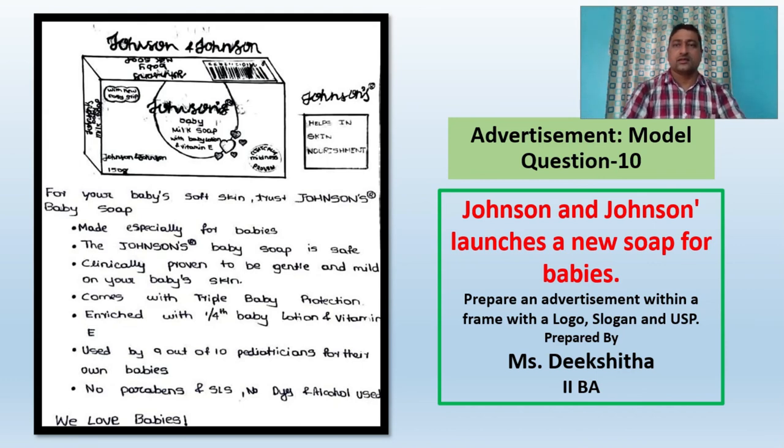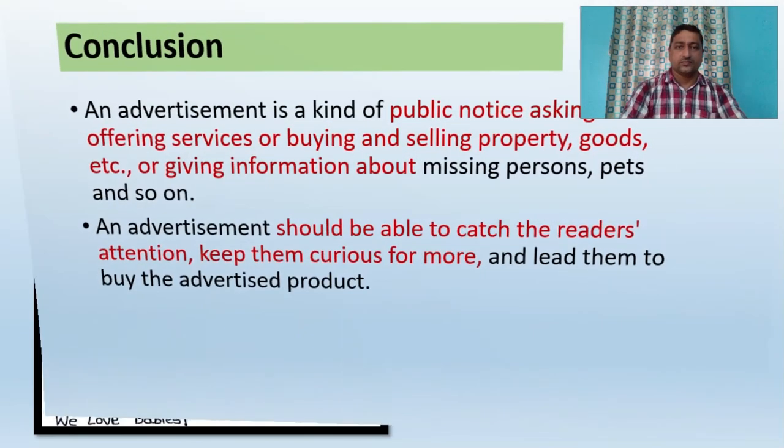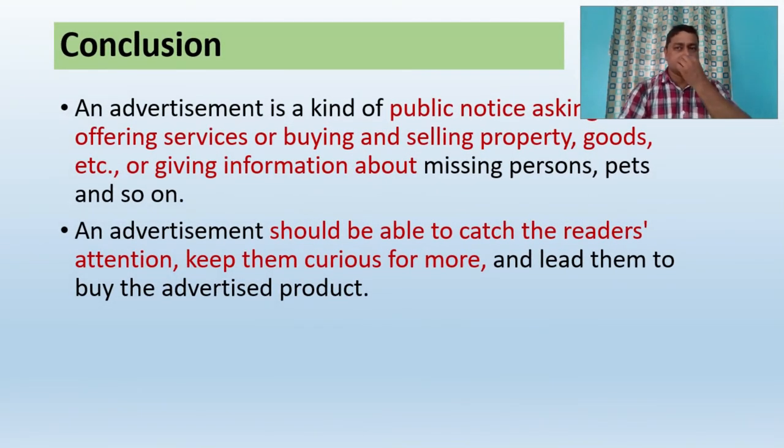So at the end of this, I thank all those who contributed to these two videos for advertisement. Let's conclude this. That advertisement therefore is a public notice. It asks for a service or offers a service, buying or selling property and goods, and gives information about missing persons or anything like jobs, pets, such other things.